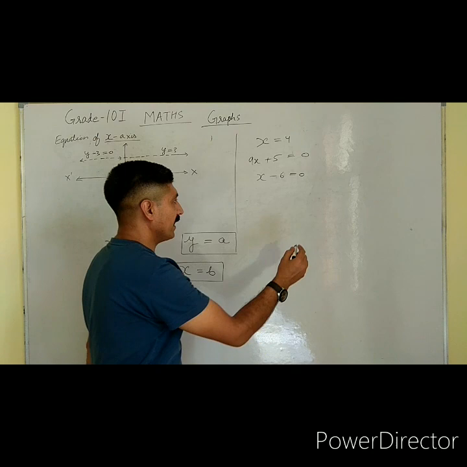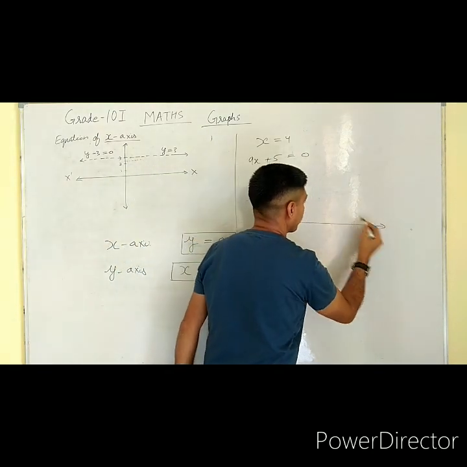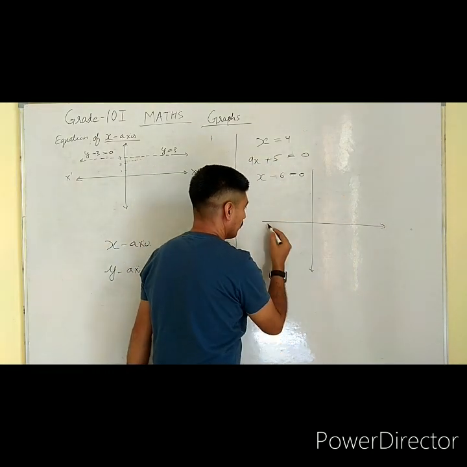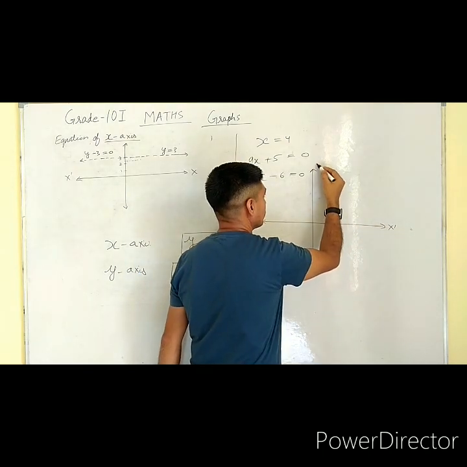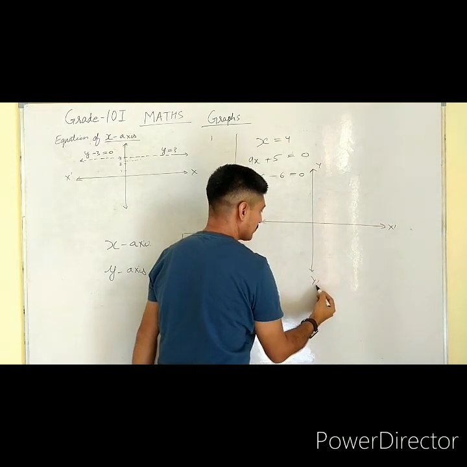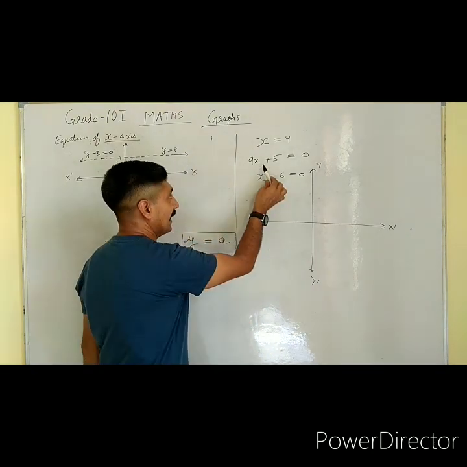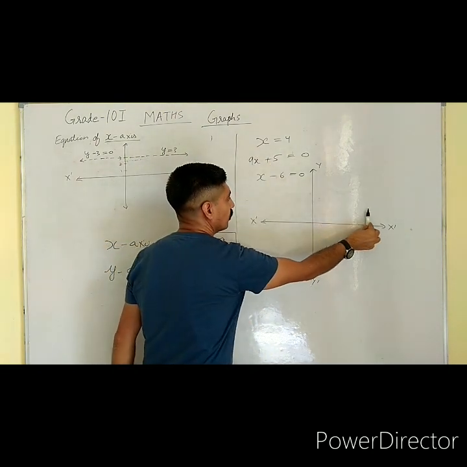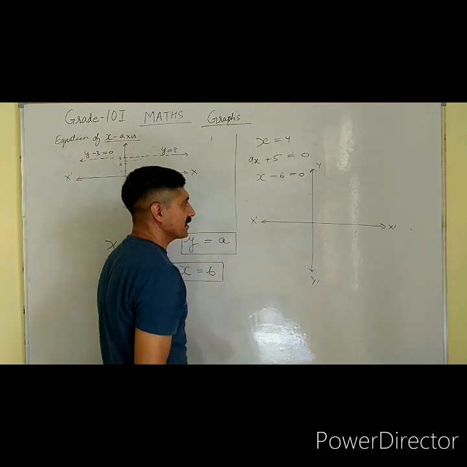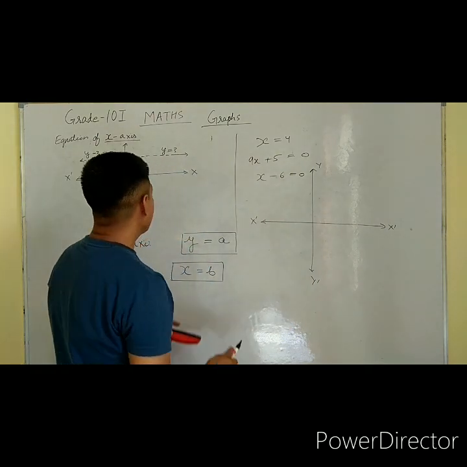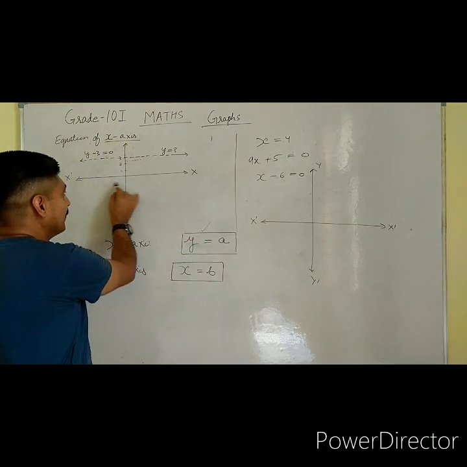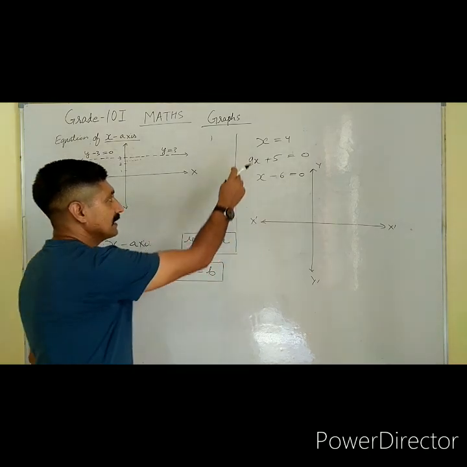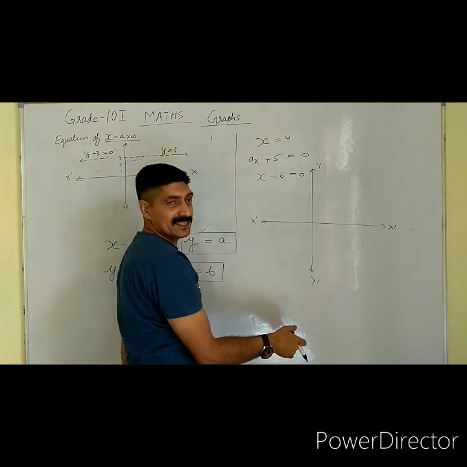So here, if we have a graph, x dash, x, this is y, y dash. So this is the line, these all lines are parallel to the y-axis. In the case of y is equal to a, the lines are parallel to the x-axis, and these are parallel to the y-axis.